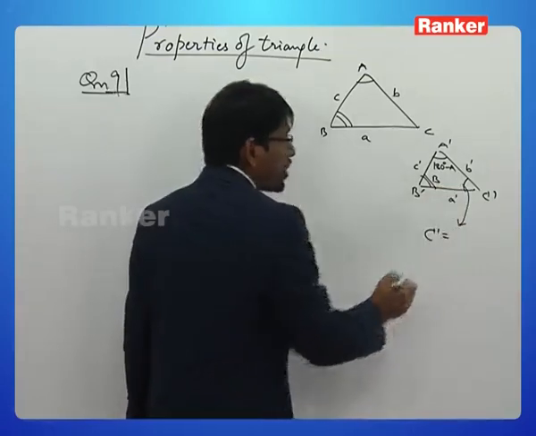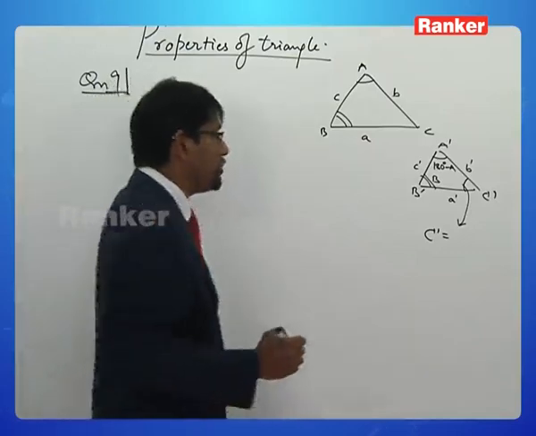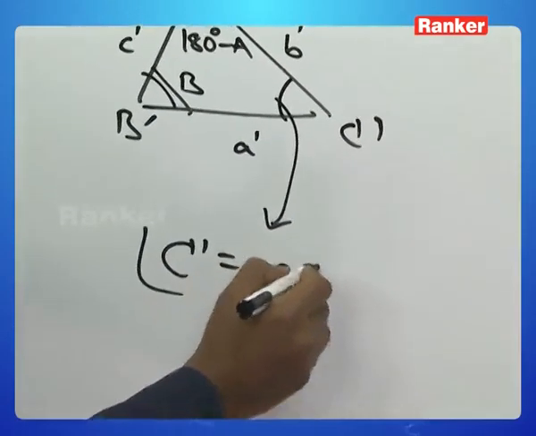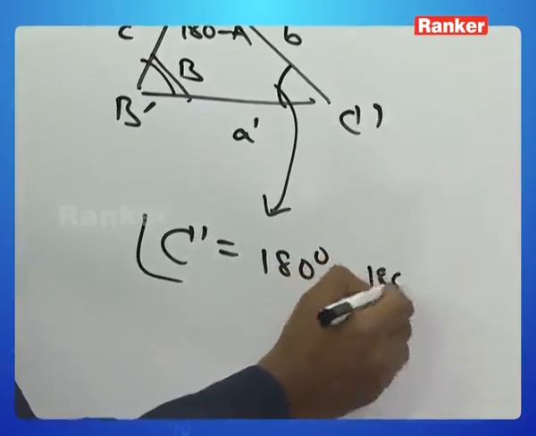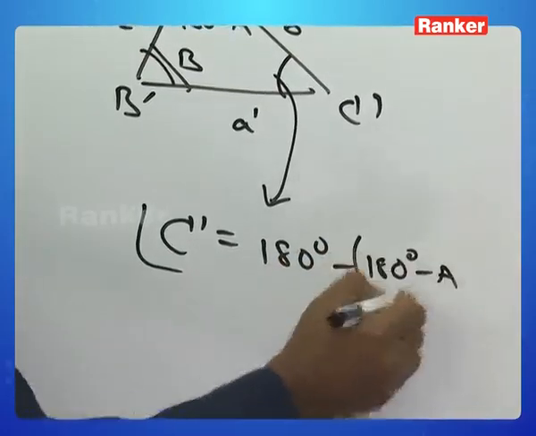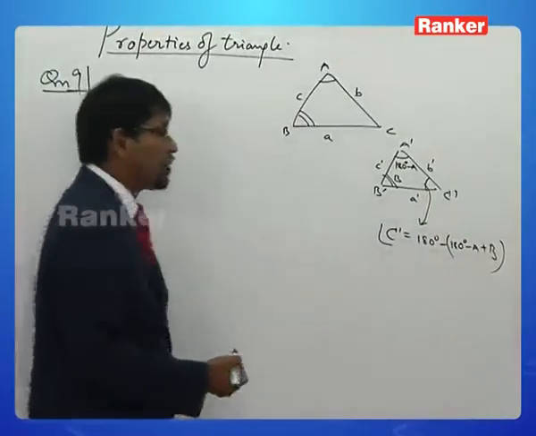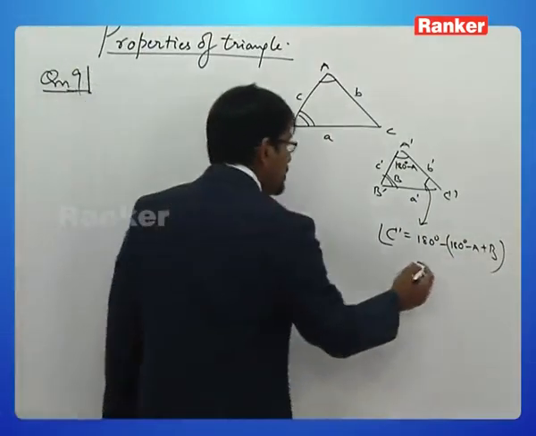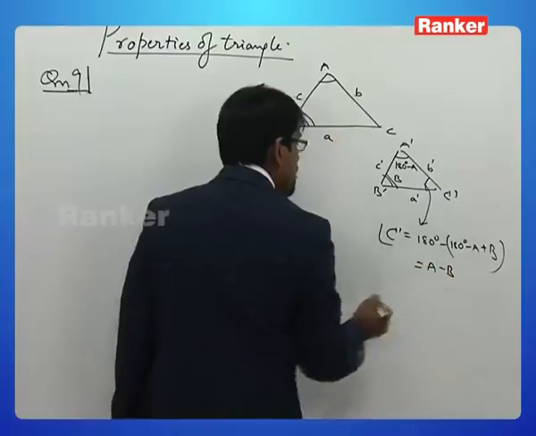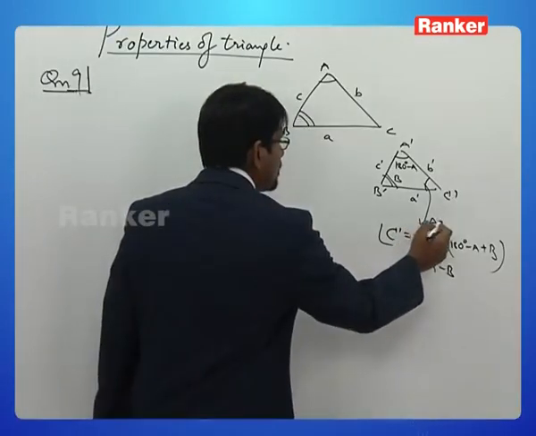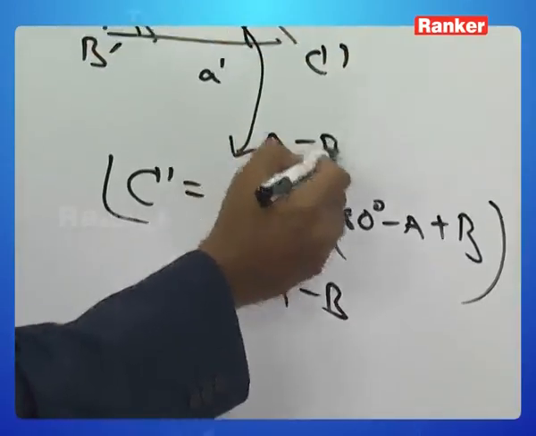The angle C dash will be equal to 180 minus A plus B. So that makes it A minus B. So this angle C dash is actually A minus B.